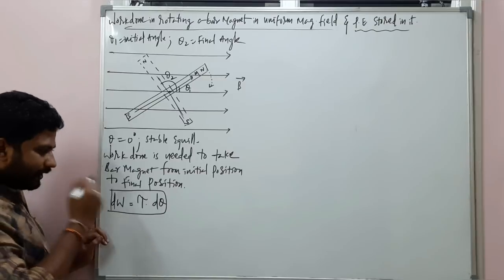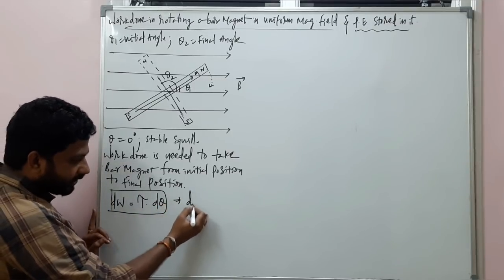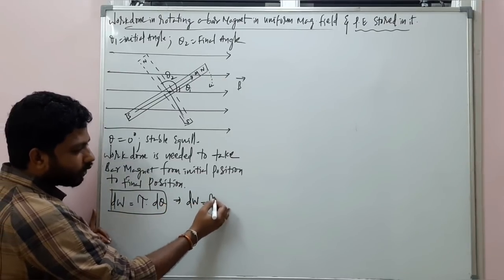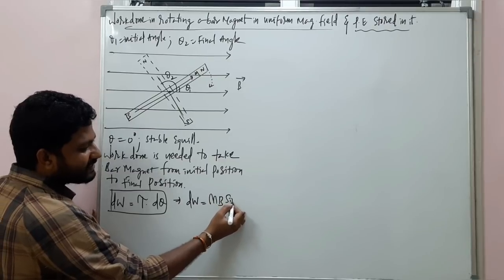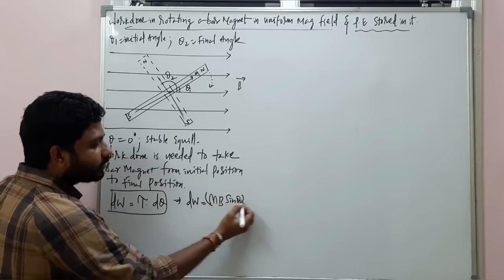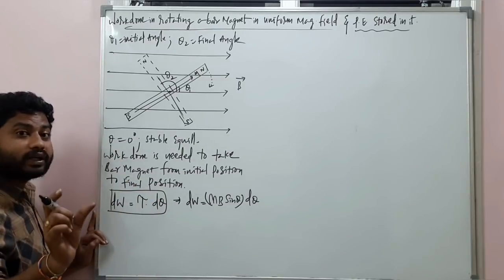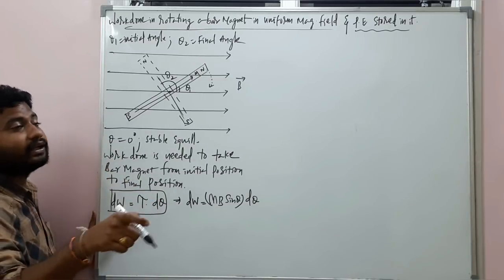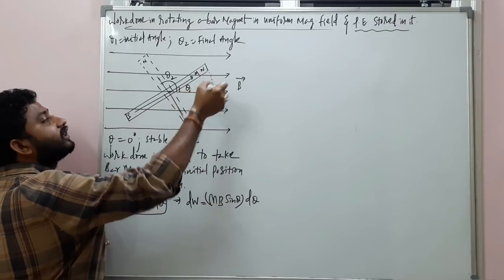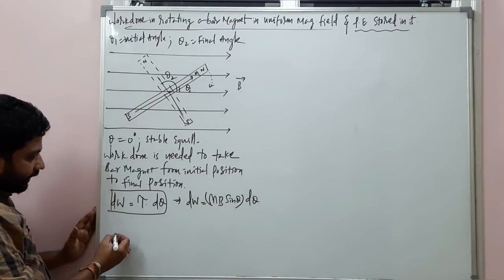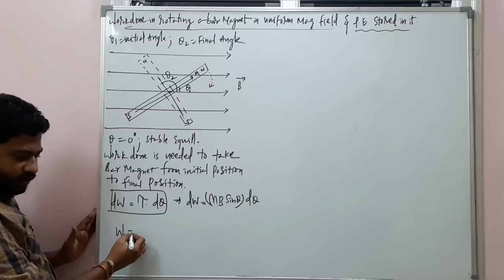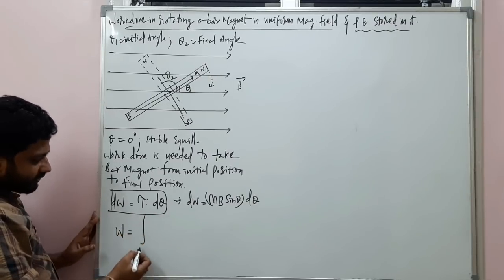Alright. So in this case, we know dW is equal to tau, which is mB sine theta, into d theta. We don't want dW, right? We need the work done needed by an external source to move from theta 1 to theta 2. So for that, by integration, W is equal to integral, what is the angle here?